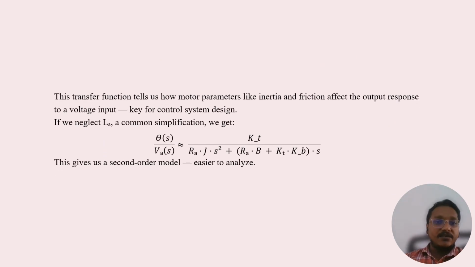To reduce it, we neglect the inductance, because the armature inductance is a very small component. We neglect it for simplification. Then the order of the system is reduced to second order. When it is a second order system, we can easily derive and analyze the denominator relations. This is how we can reduce the transfer function.